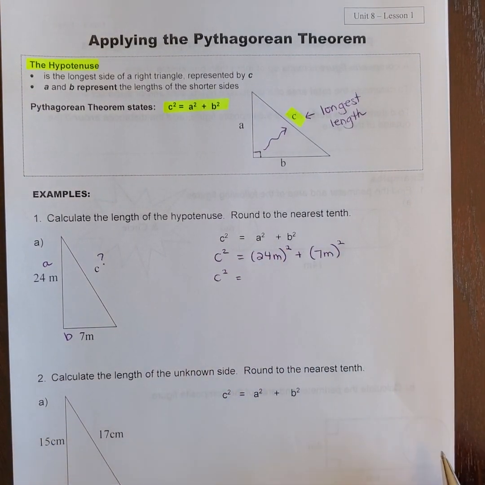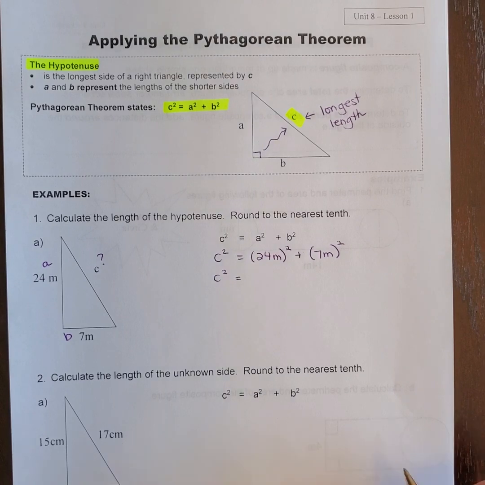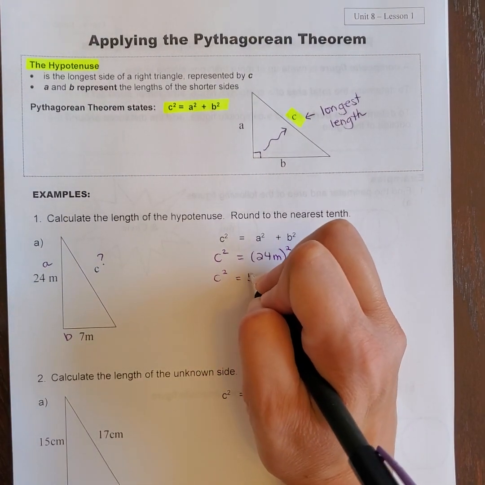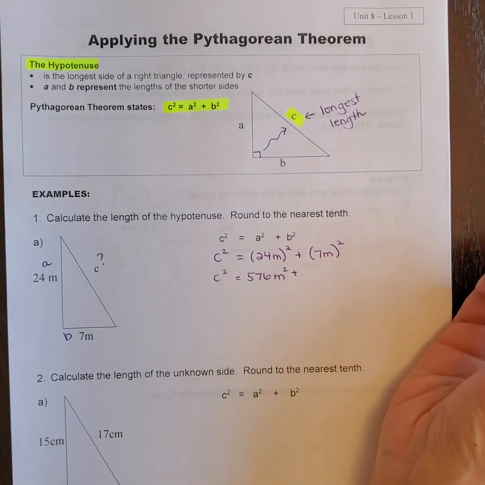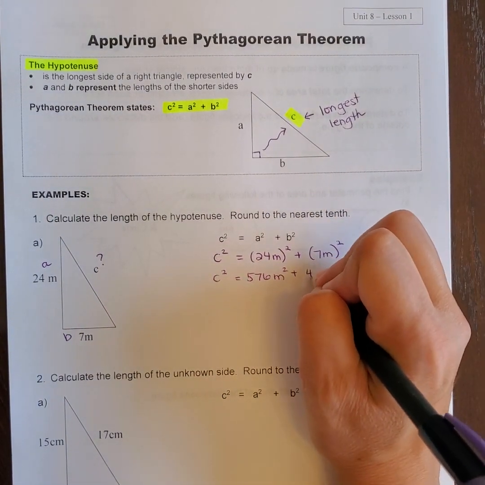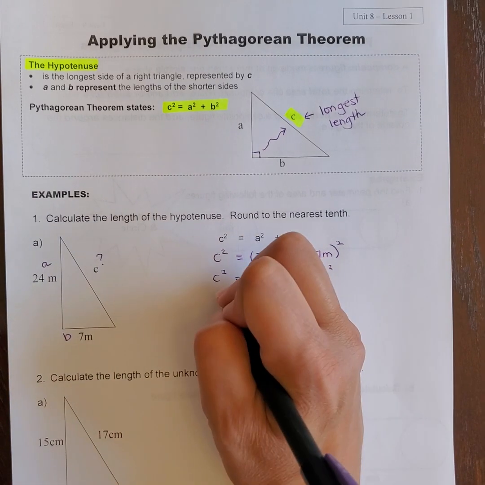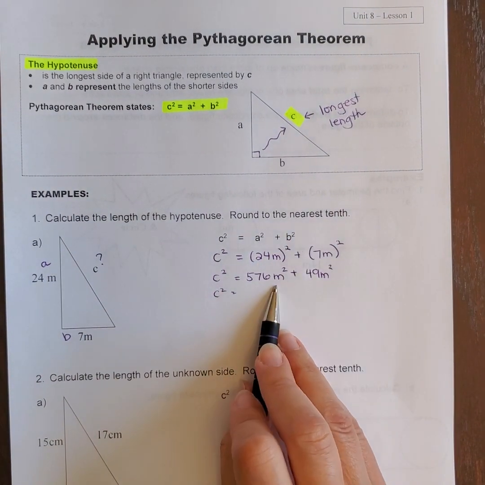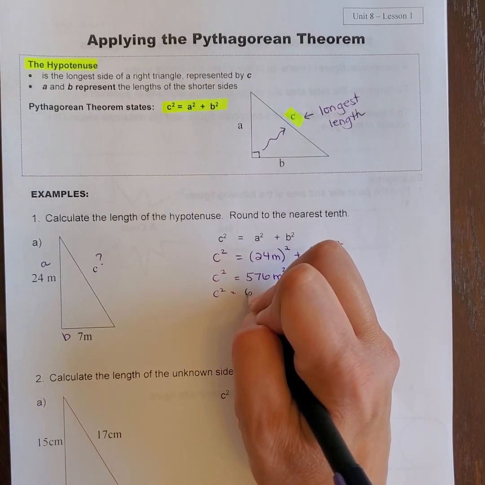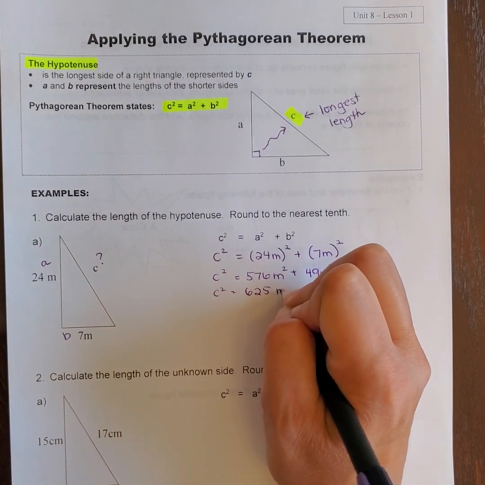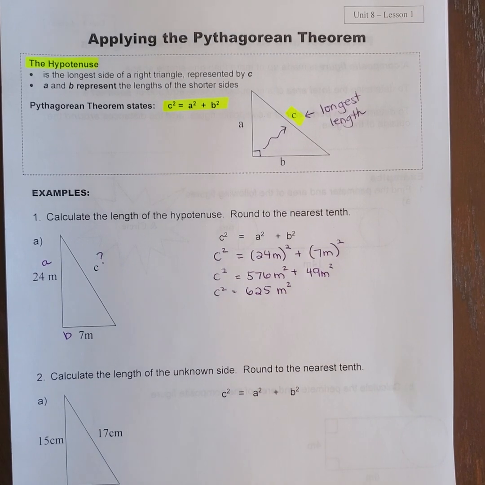24 meters squared is 24 times 24, which is 576 meters squared, plus 7 meters squared, which is 49 meters squared. Now, because I have meter squared and meter squared, I can add up these two numbers. They're like terms, so that gives me 625 meters squared.